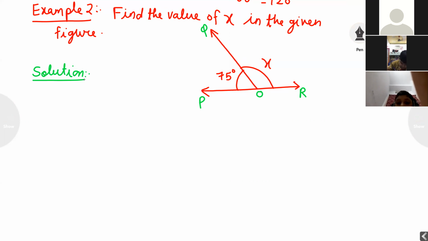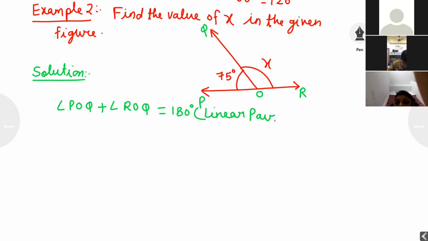Angle POQ plus angle ROQ is equal to 180 degrees. Why? Linear pair angle. Angle POQ he has given 75 degrees. Angle ROQ is x. So 75 plus x is equal to 180 degrees.